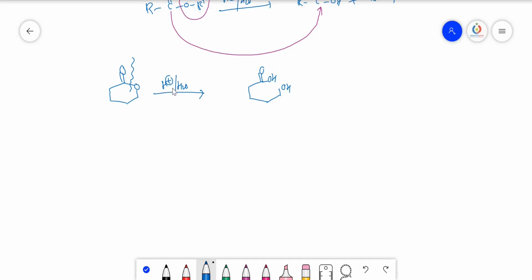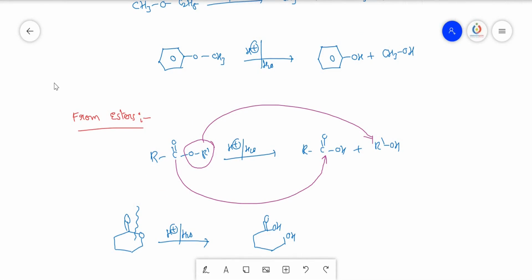So like this, esters react with hydrolysis in the presence of H plus H2O. You can use OH minus also, but the mechanisms will differ in the case of OH minus. The mechanisms again we will discuss in the lesson on carboxylic acids. Here I am just introducing all these concepts, how to get the alcohols, and indirectly we are introducing the properties of these particular functional groups.